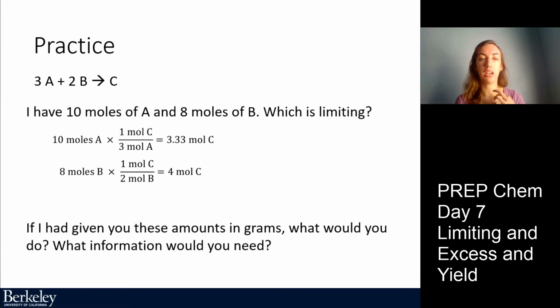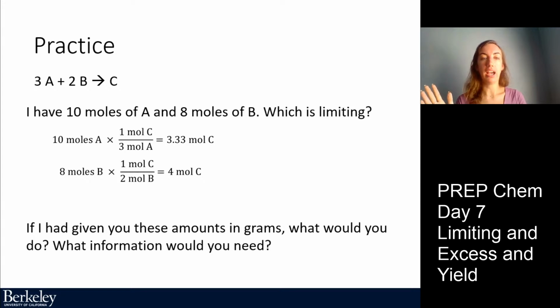The way that you can think about that and remember it is that in order to make 4 moles of C, I had to have made 3.33 moles of C at some point, right? That's just how time works.